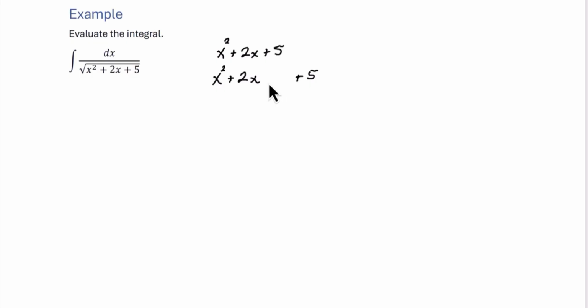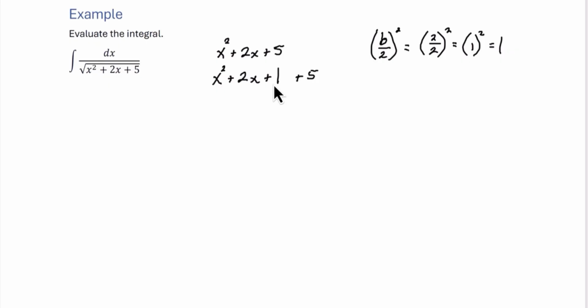To do that, we use b divided by 2 squared. In this case, b is 2. We have 2 divided by 2 squared. That is 1 squared, which is 1. So we add the 1 beside the 2x.